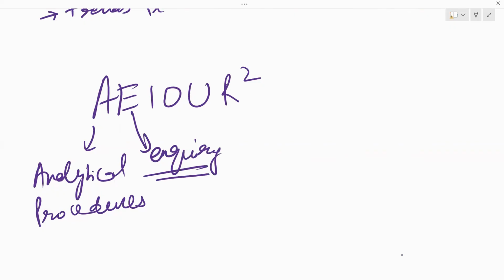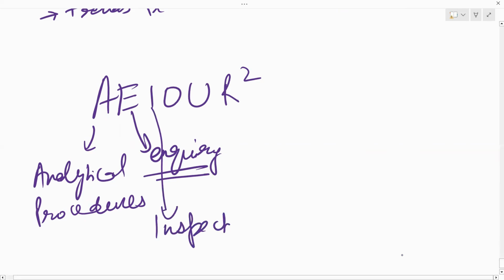If you have seen statements like inquire from management, inquire from finance director, inquiry is basically asking the knowledgeable person, asking your management, asking your finance director about something that you're not sure of. You just want to confirm that. So that is inquiry. I is inspection. You are physically inspecting.